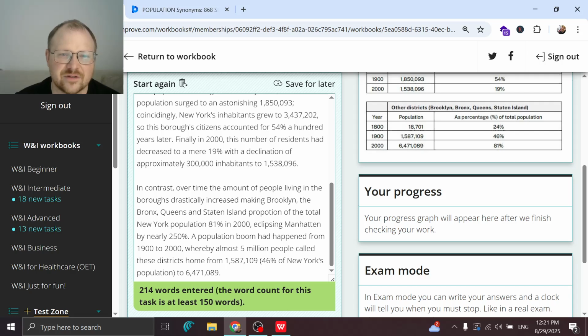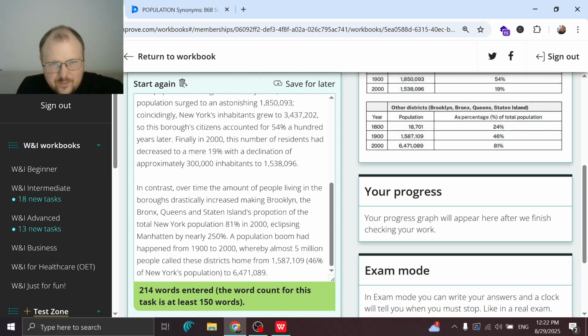In contrast, over time, the amount of people living in the boroughs drastically increased. Brooklyn, the Bronx, Queens, and Staten Island. Let's make them all possessive: proportion of the total population, 81%, eclipsing nearly 250%.